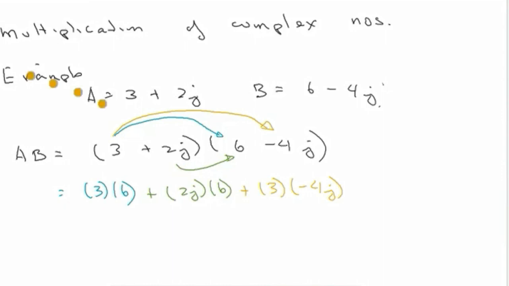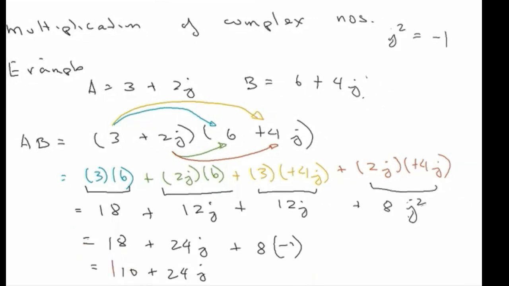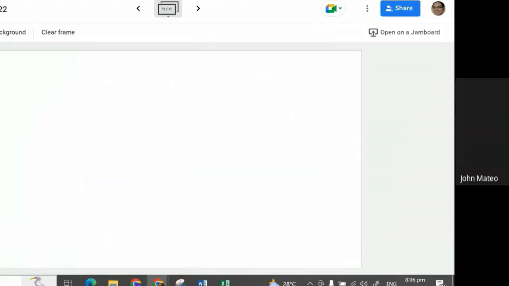And then the last one will be 2j multiplied by negative 4j. And this is now your final answer.